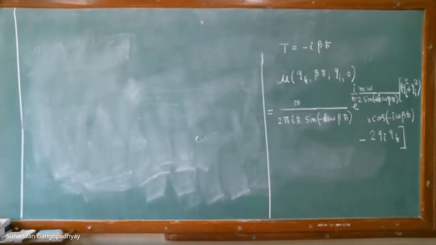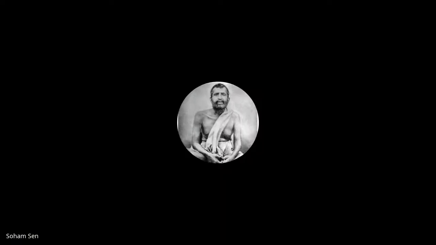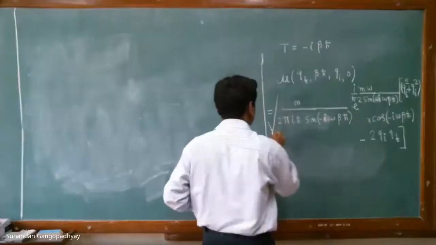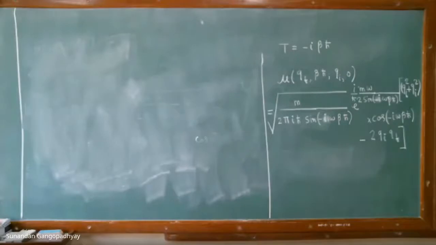So now, Sir, there will be a square root. This is the square root, right? Yes, sir. Okay, good. So you have a square root there, and now what we shall have is the following.